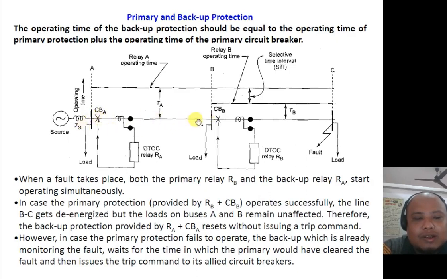Already this is disconnected because there is only one source. So the whole line section is disconnected, both AB and BC.